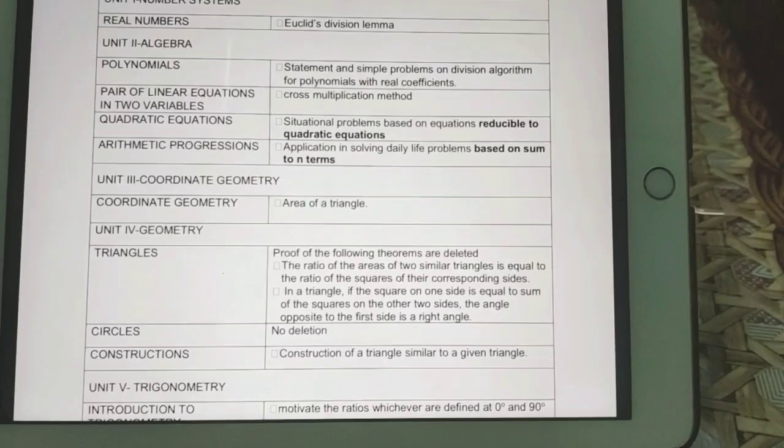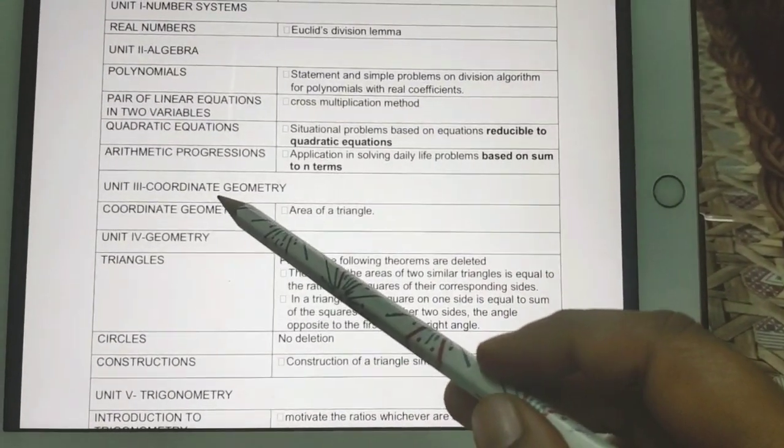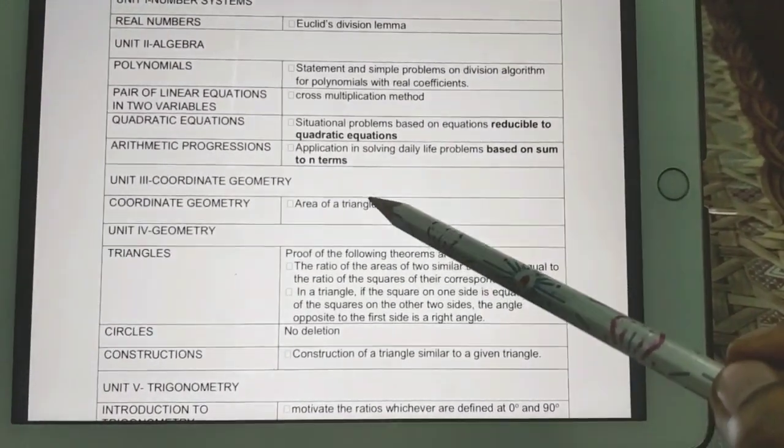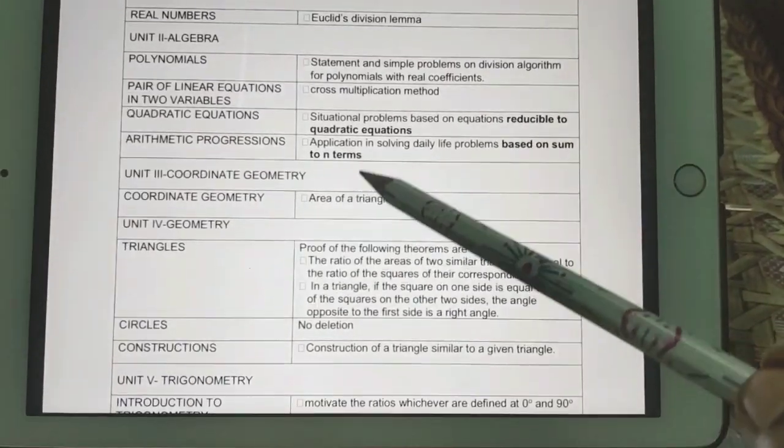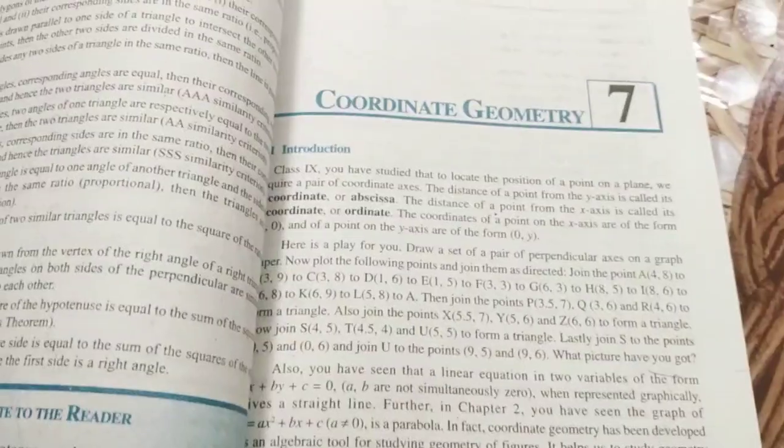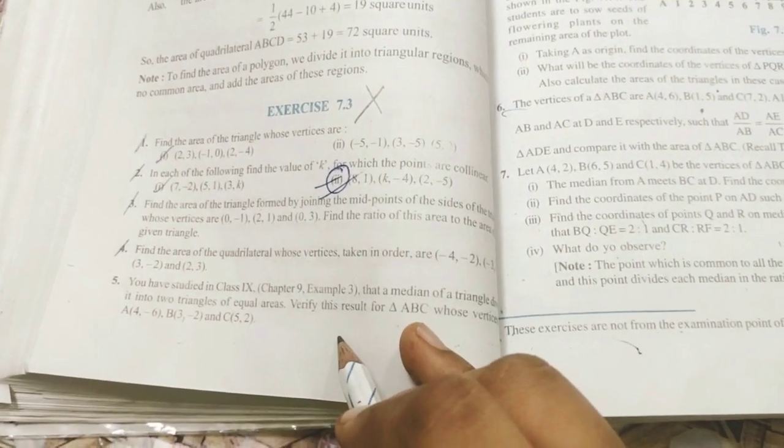Okay, next one is chapter number 7, that is coordinate geometry. In this, the exercise based on area of triangle has been removed. This one is our coordinate geometry, and in this exercise 7.3, this whole exercise has been removed.